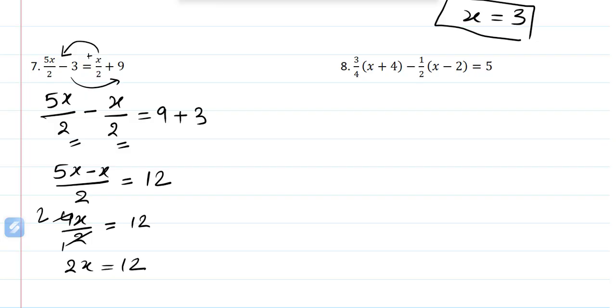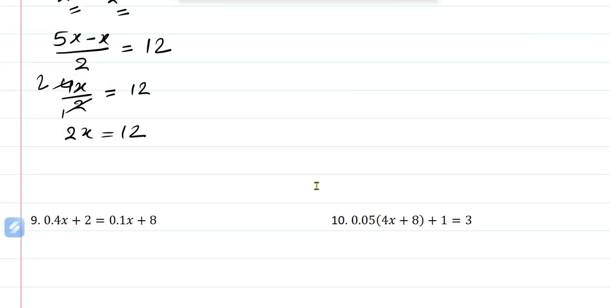Now we divide both sides by 2. So this is now 2x divided by 2 and 12 divided by 2. 2 times 1, 2 times 6. The value of x is 6. This is the value of x.